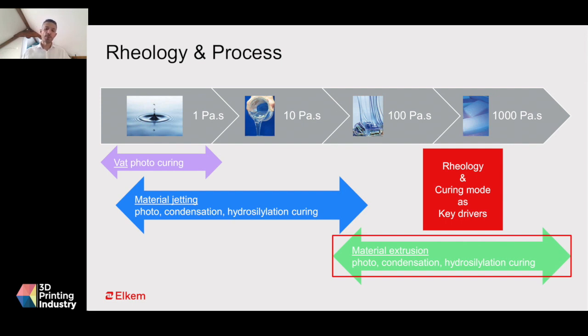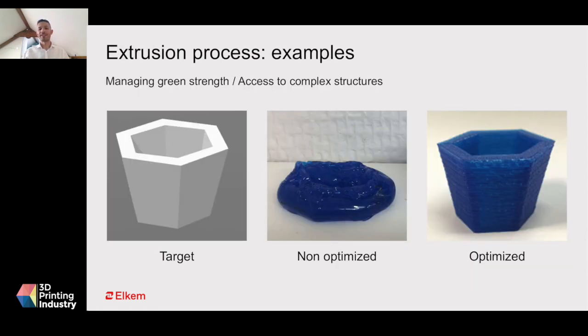And if you don't manage the rheology and the curing very well, you will get something like that. As you can see in the middle of this slide, if you don't manage the viscosity of the product and the chemistry of the curing very well, for sure you won't get the part that you want, and it will collapse during the curing or the printing.